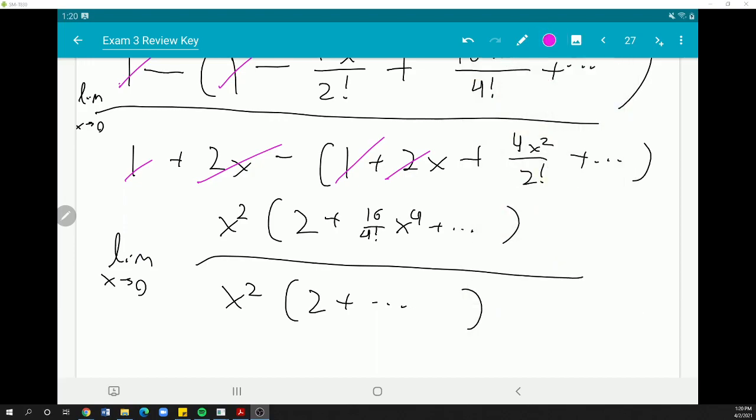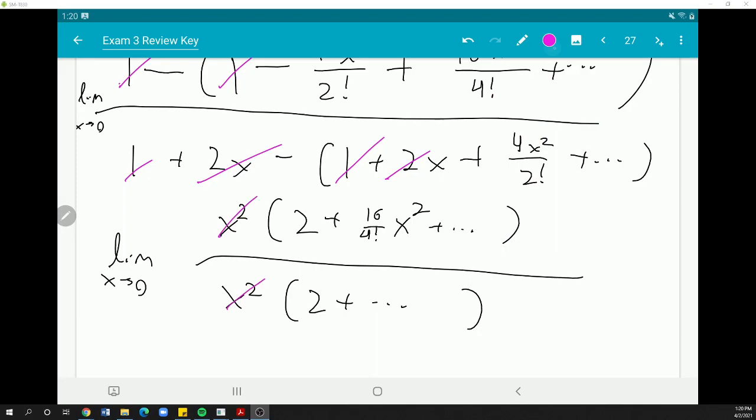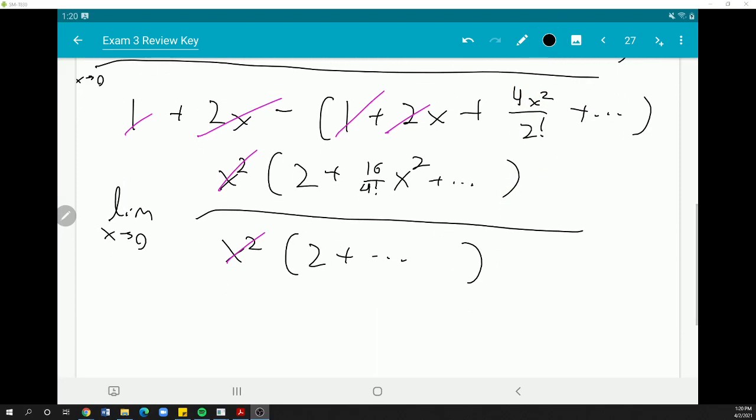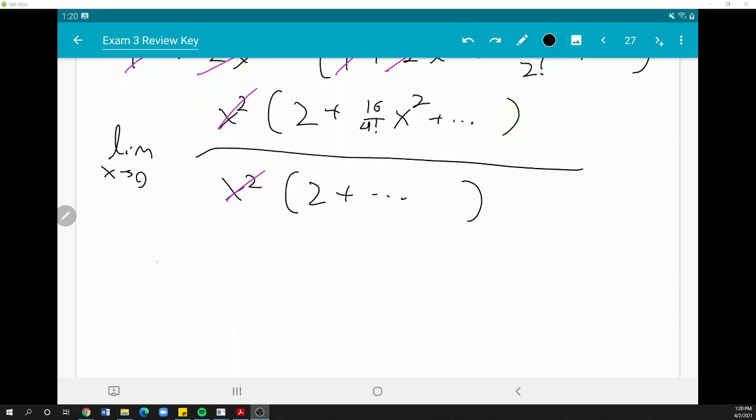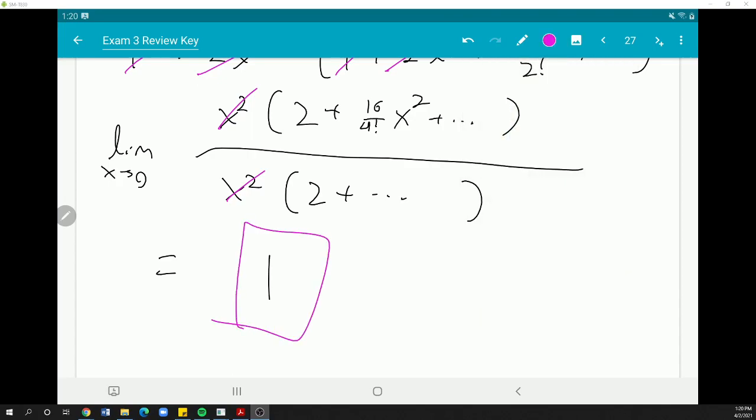The x squared terms cancel. And so now what happens when I plug in x equals 0? Everything else is going to go away because everything has an x. So this limit is just going to be 1, because it's going to be 2 divided by 2. And that's our final answer.